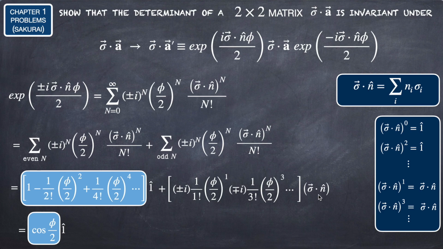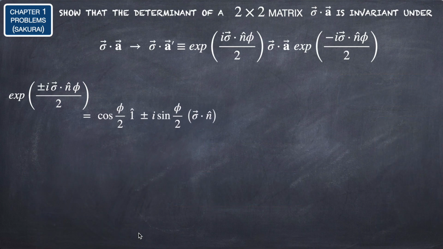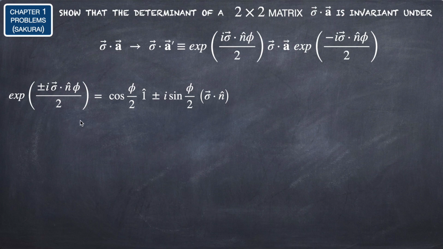Every term multiplied by this matrix. And then we can recognize these terms in green as plus minus i sine of phi over 2. And this term is multiplied by sigma n. Great, so now we know what this exponential is. It is equal to this.